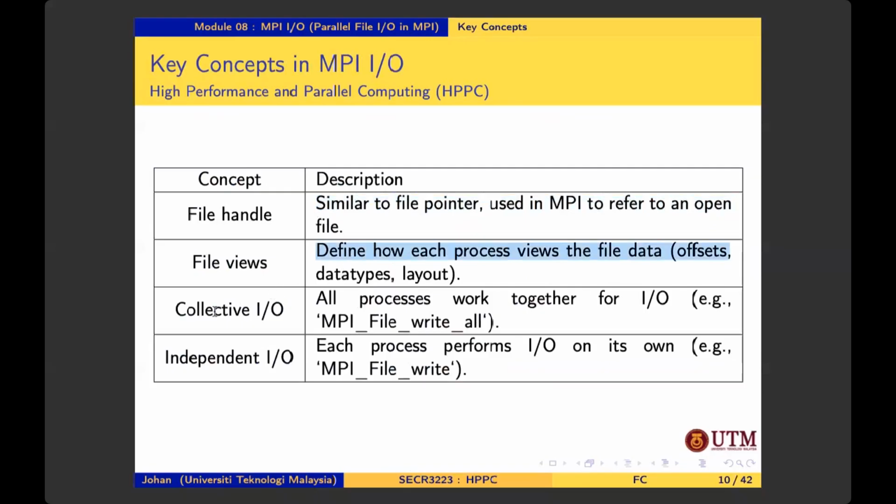For the collective method, all processes work together for the I/O. This one I already explained. And for independent I/O, we use this kind of function. Each process performs I/O on its own. So these are the key concepts in MPI I/O.